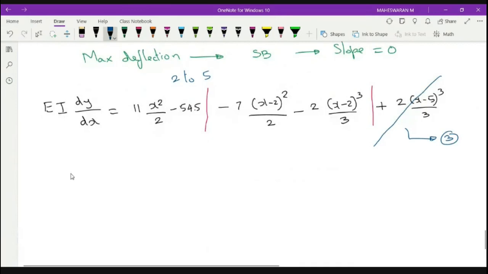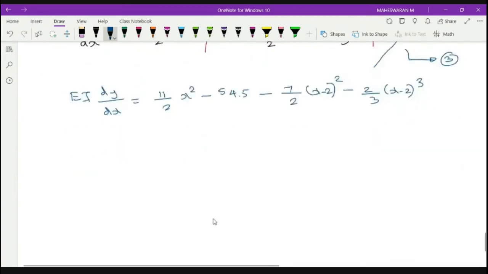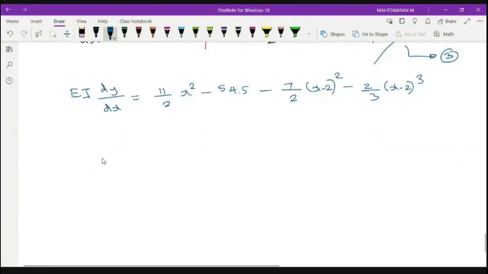So let me consider EI dy by dx is equal to 11 by 2 x square minus 54.5 minus 7 by 2 x minus 2 the whole square minus 2 by 3 x minus 2 the whole cube. This is my equation. Here your dy by dx is 0, so let me put dy by dx as 0.